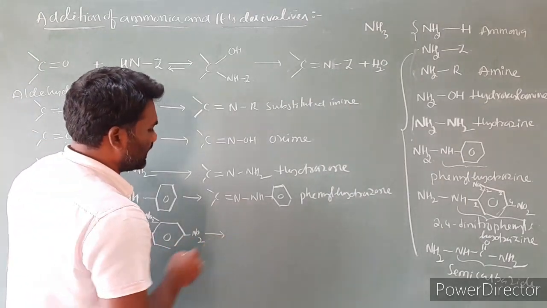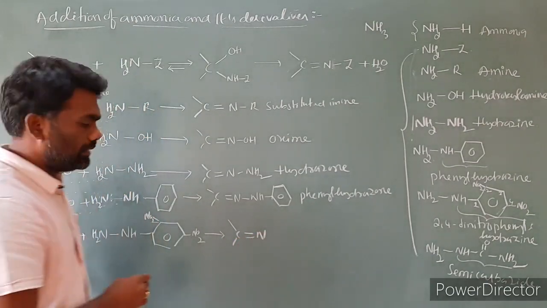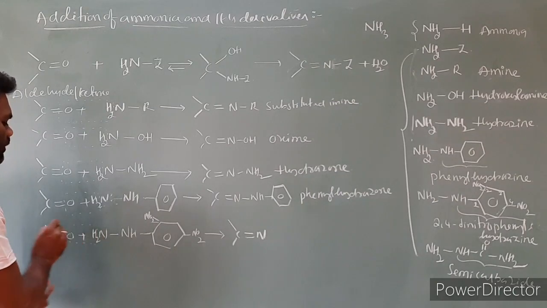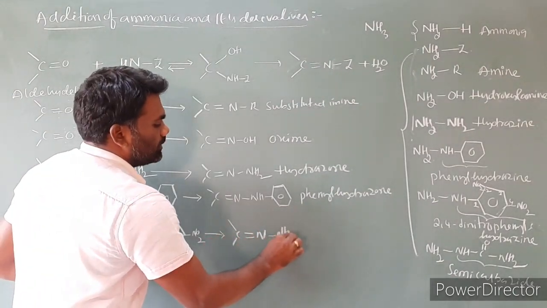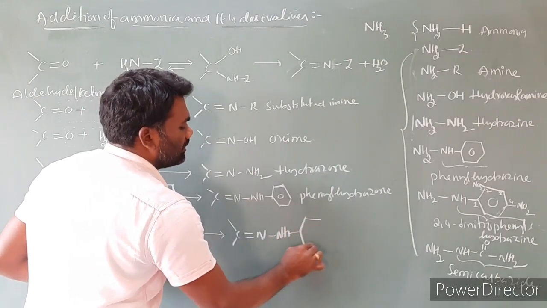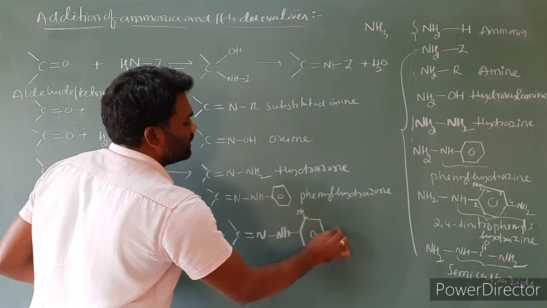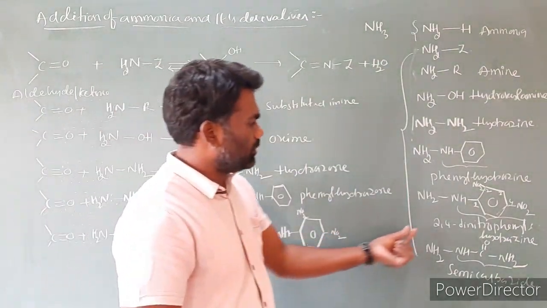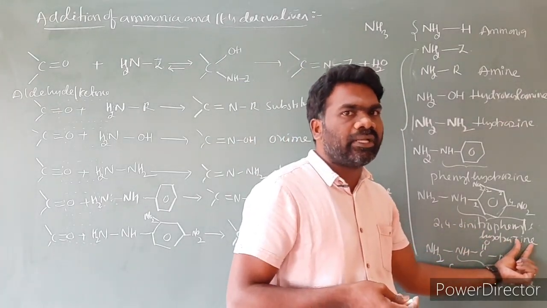Then what is the product we can expect? Here is a double bond, N. We remove the water. After removing water, NH, and to this we write the benzene ring, with NO2 at the second and fourth positions.